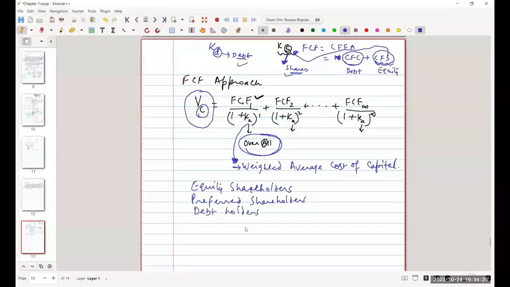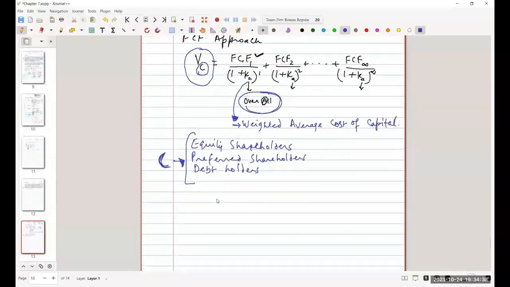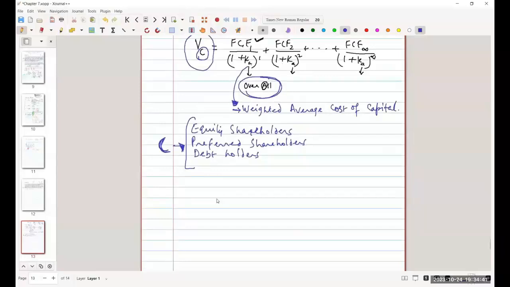So many kinds of stakeholders are there, and all of these guys have an interest in the company. This is the set of stakeholders, at least if we take out the employees and the customers, who we are not talking about here. If we find out the value of this whole thing, this value belongs to all of these guys.